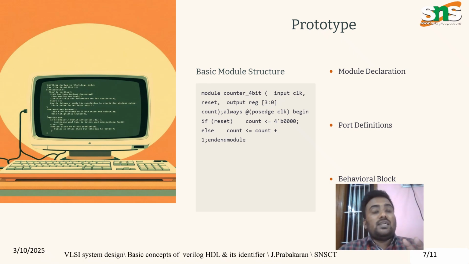The fourth stage of design thinking is prototype, writing Verilog code with identifiers. Here is one example: you can see the Verilog code for a 4-bit counter. First is the module declaration, which means module and module name, counter 4-bit, and input clock reset, output register.